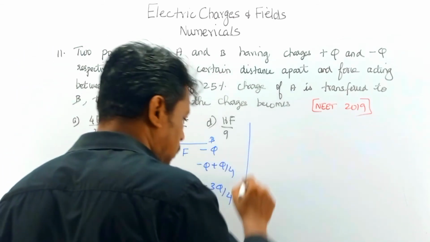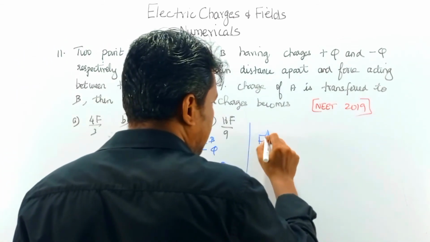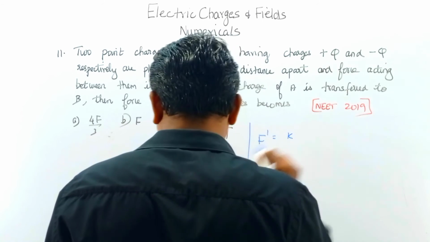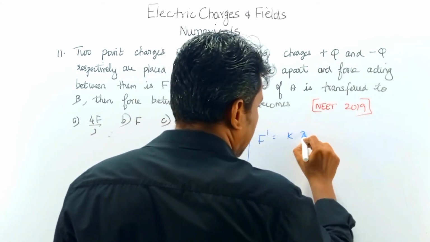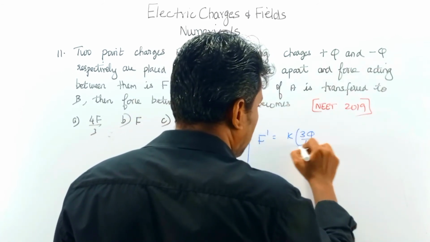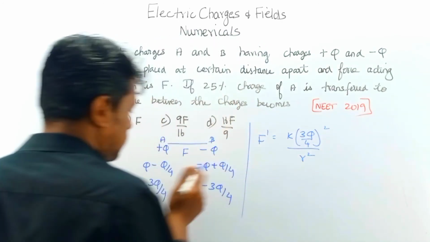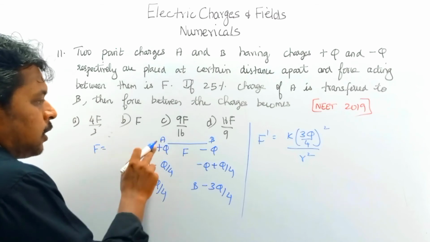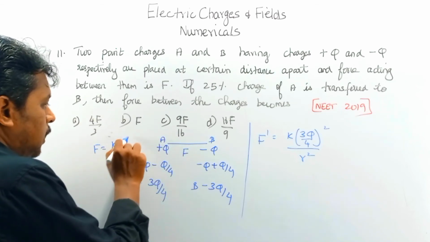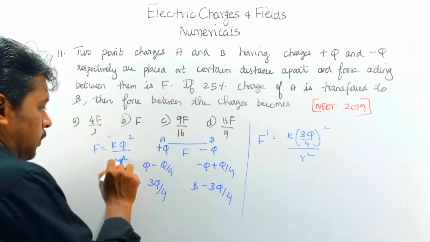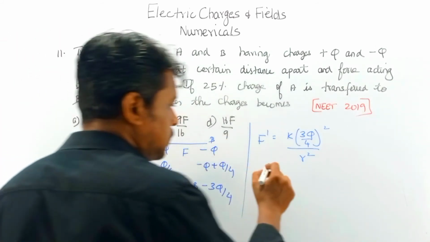So we have to find the new force. F dash will be equal to K times 3Q by 4 the whole square divided by distance r square. The distance is the same. The old value of F is k q square by r square. This is F, this is F dash.